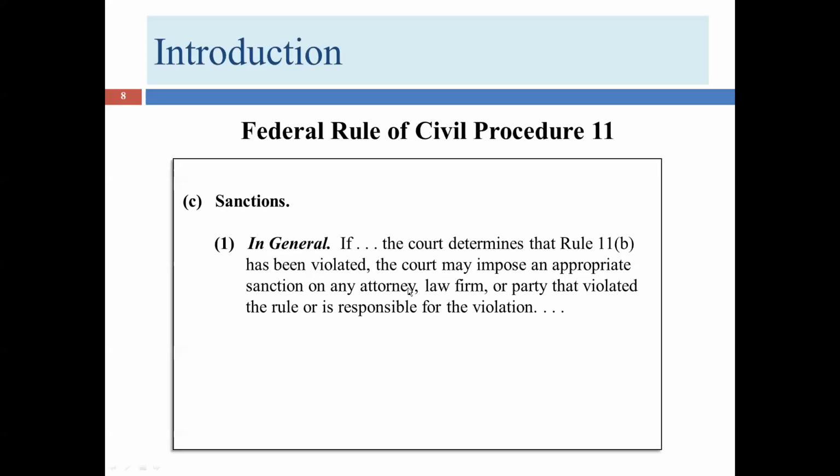So sometimes the judge may actually sanction the attorney or the law firm without sanctioning the party. It's also, though, quite common for all three to be sanctioned, and sometimes for just the party to be sanctioned. So the judge has a lot of flexibility in who he is going to sanction under the circumstances.